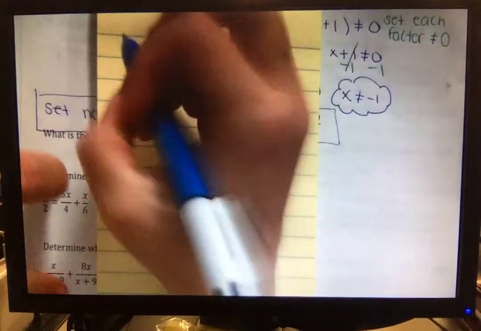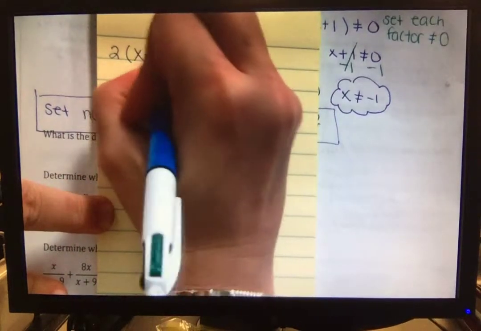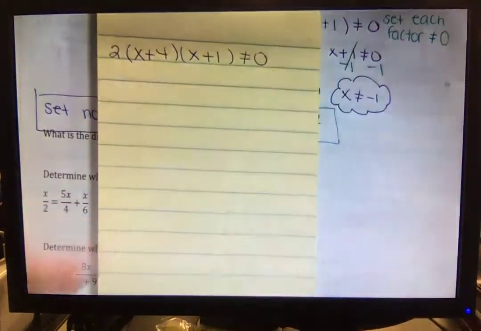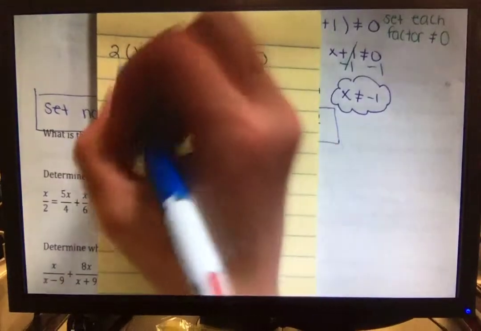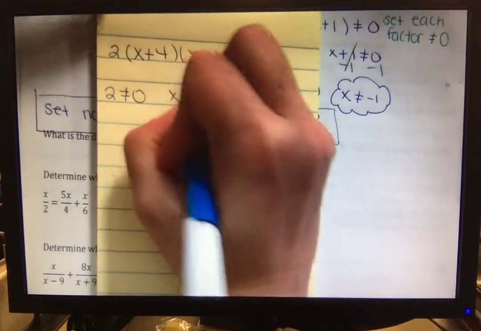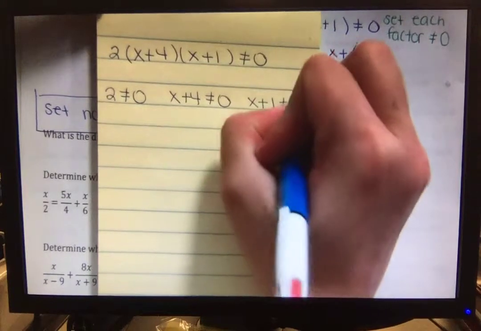Say for example we had 2 times x plus 4 times x plus 1 not equal to 0. Instead of x, what if we had a GCF of 2? Then we would still set each factor not equal to 0. So 2 can't equal 0, x plus 4 can't equal 0, x plus 1 can't equal 0.